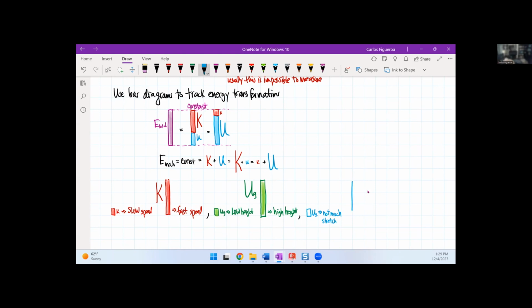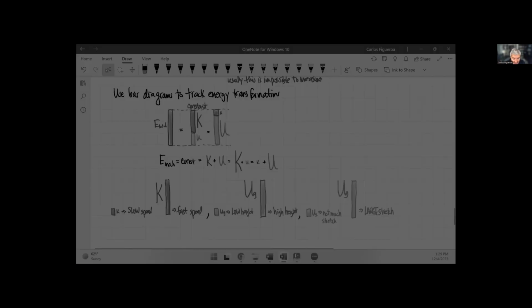But if it's large, then it has a large stretch, and because it has a large stretch, we've stored a lot of work into that. So these are the physical pictures that we want to really think about.